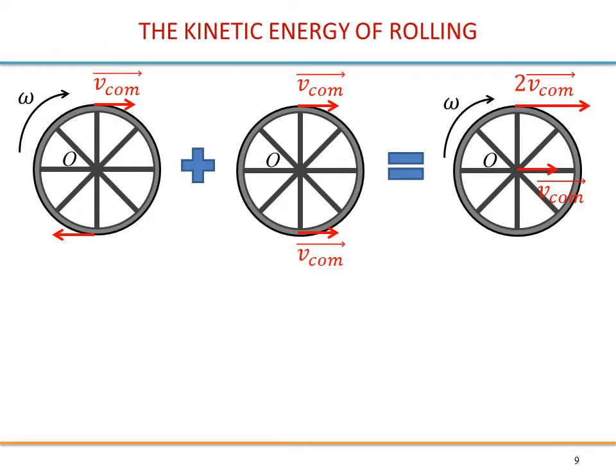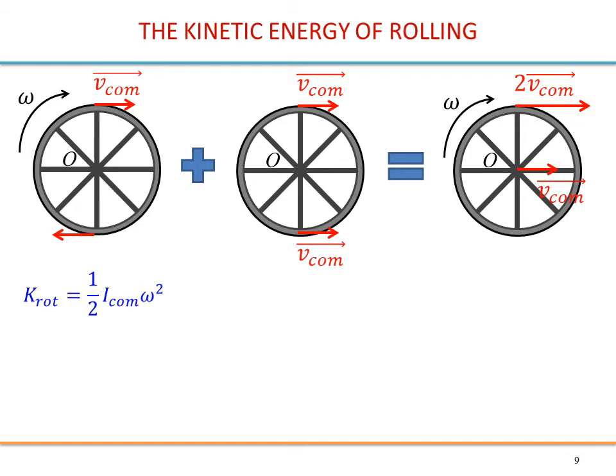So let's now look at the kinetic energy of rolling. We can use that principle of superposition again. What is the kinetic energy of rotation? We've seen that it was half of I omega squared, with I about the center of mass.